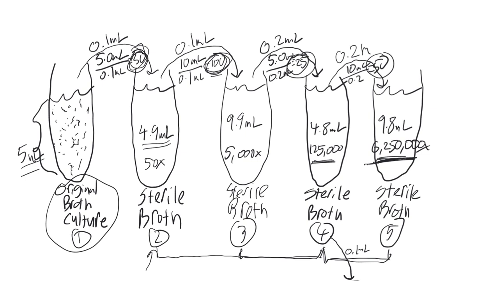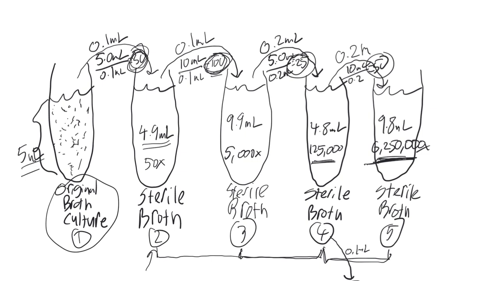And let's say that after we spread the bacteria across that plate and let them grow in the incubator, when we come back and count our colonies, we count about 125 colonies.